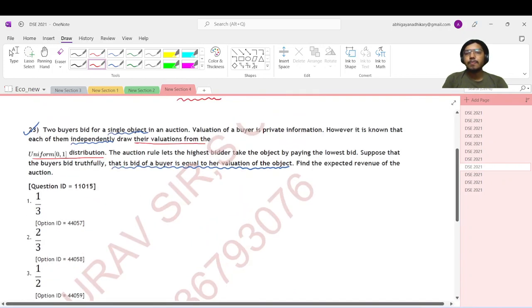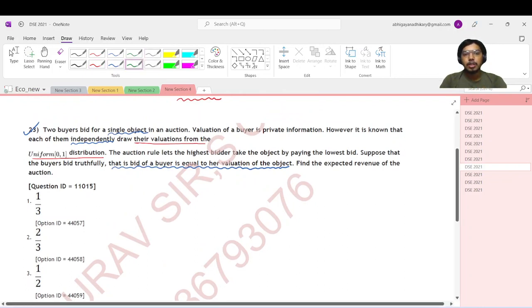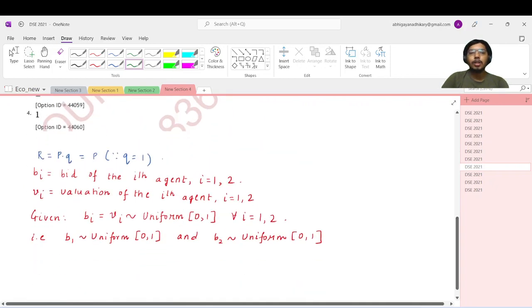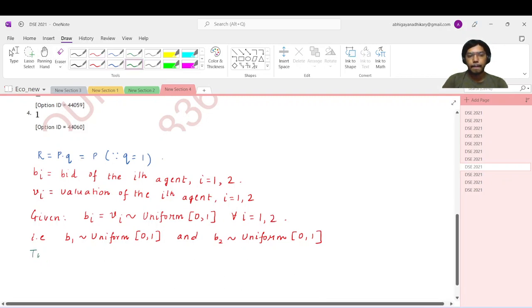Now the question is, find the expected revenue of the auction. Now look at the auction rule first. It's a little different. The auction rule states that the highest bidder takes the object by paying the lowest bid. So what are the two bids over here? B1, B2, right?